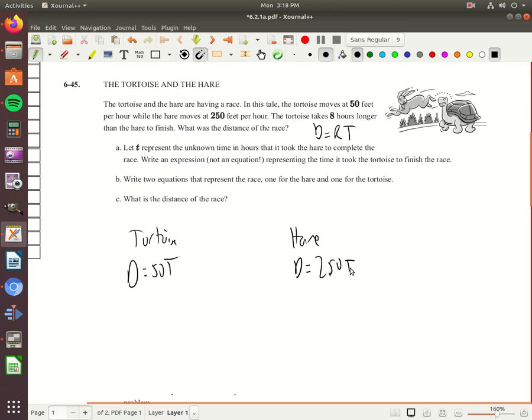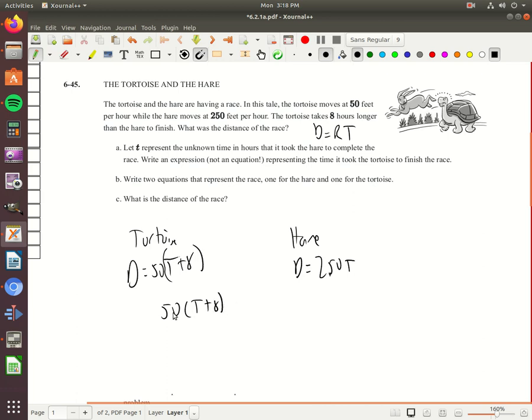So let's say that the hare takes t hours. It doesn't matter. If it took 2, it would take 10. If it took 5, it would take 13. The bottom line is whatever t is, I'm going to go over here and I'm going to add 8 to it. And I need to do it in parentheses because I'm going to distribute. Long story short, they both equal d. So I can say, hey, equal values 50 times t plus 8.